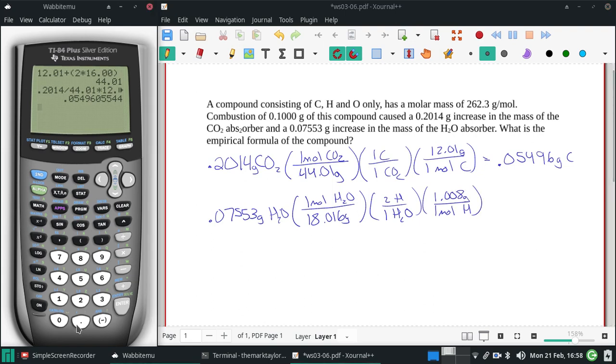So we have 0.07553 divided by 18.016, times 2, times 1.008. We get 0.008452 grams of hydrogen.